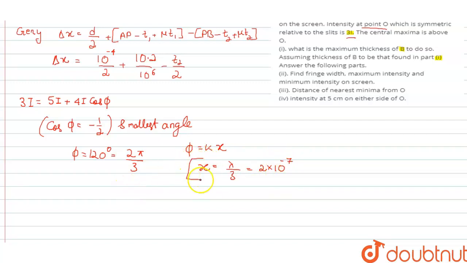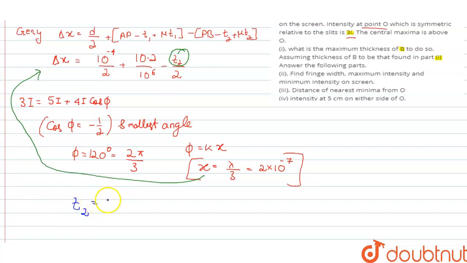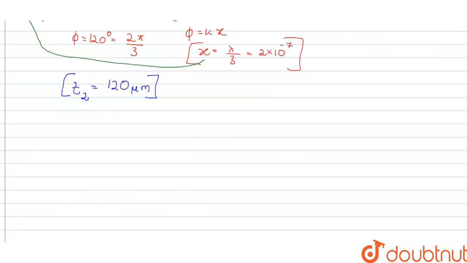Now we can substitute the value of x here and find T2. So when we solve the equation, we get the value of T2 as 120 micrometer. So the thickness of the slit B is 120 micrometer.